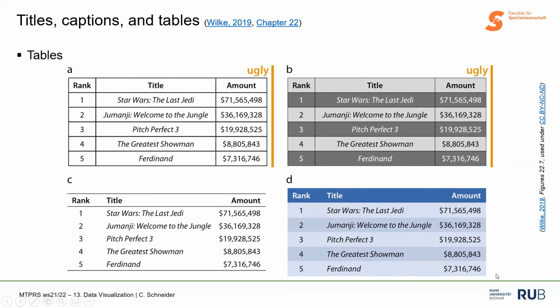But on the right-hand side, especially if we have lots of columns, it can be very effective to use different shadings for different rows to make it easy to see which data relates to which row. Especially if we have lots of columns, it can be difficult to only use example C, because then it's always difficult to see which was Pitch Perfect 3 and its rank, and so on and so forth.